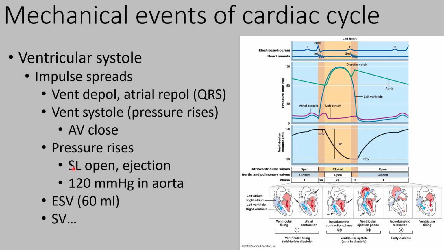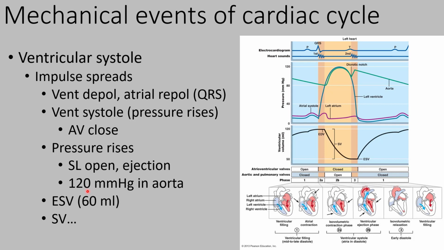The moment that pressure in the left ventricle is greater than the pressure in the aorta, the aortic semilunar valve opens, and blood is ejected from both ventricles. From the right ventricle, blood is ejected into the pulmonary trunk. From the left ventricle, blood is ejected into the aorta.